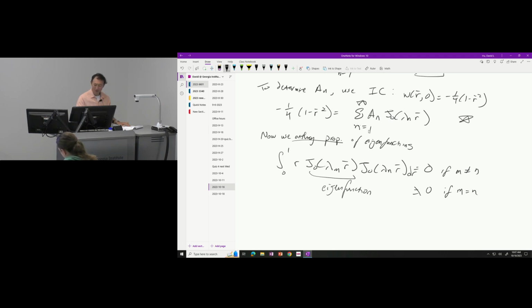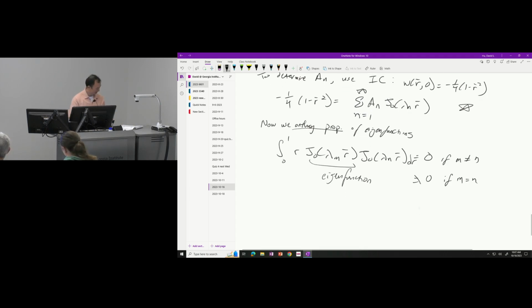Because if I do that, imagine I've got all these terms. They're all going to cancel out except for the j naught squareds, j naught lambda n squareds. So I multiply star by r bar j naught lambda n r bar, and I integrate.